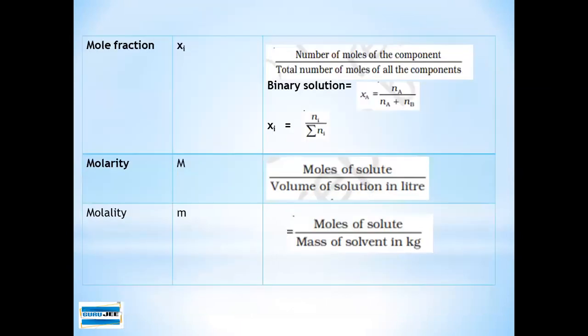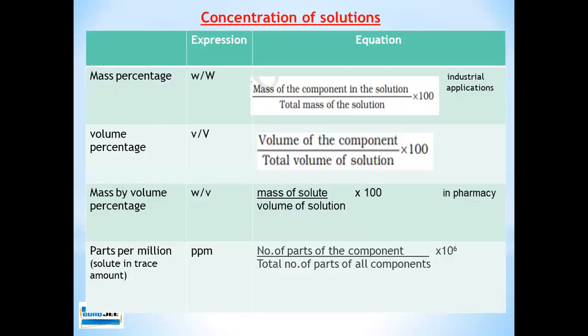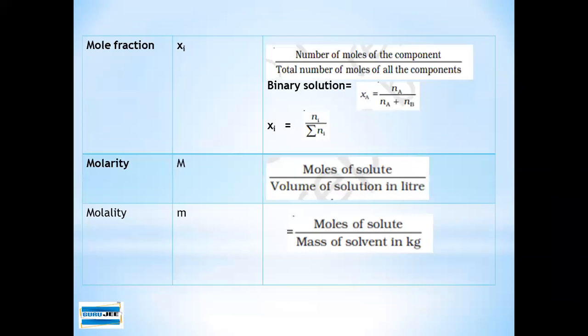Fifth one is mole fraction. That is the number of moles of component divided by total number of moles of all components. That means we have to find out the number of moles first. Here is the equation for a binary solution. What is a binary solution? It has two components only.